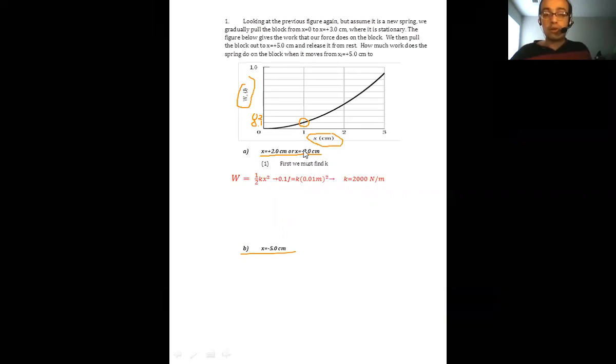This 0.01 is 1 centimeter in meters, and then we find that K is equal to 2,000 newtons per meter. So that's pretty straightforward. Then we take our expression for the work that is done on the spring, and we say that that's equal to 1/2 k x final squared minus 1/2 k x initial squared.